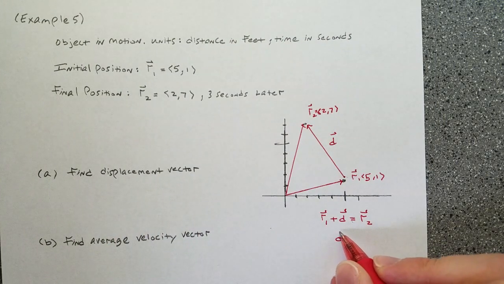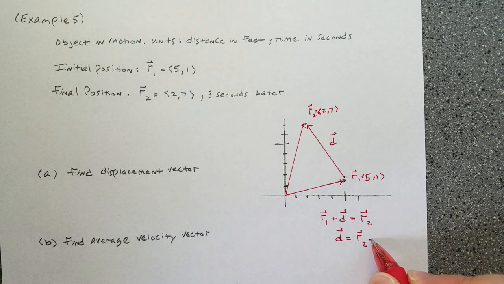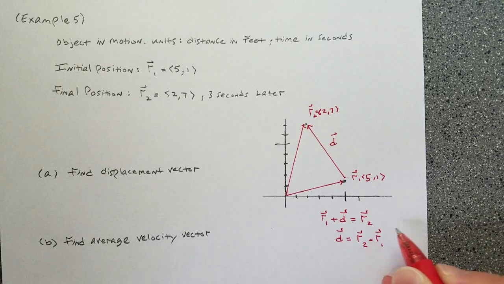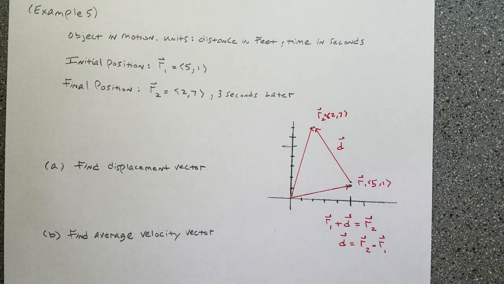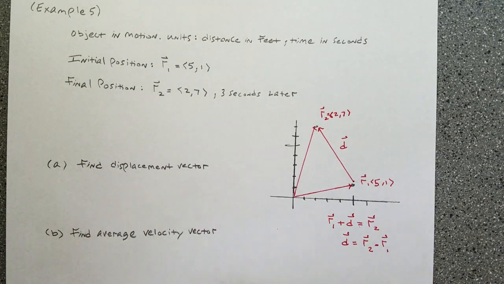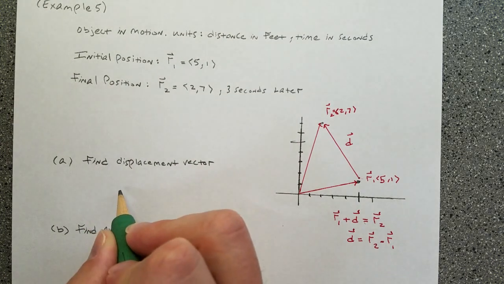A flip side of this is that the displacement is the final position minus the initial position. Those are the equations that govern how this works out. So, find the displacement vector. They're your equations, so it's your choice how you want to use them.